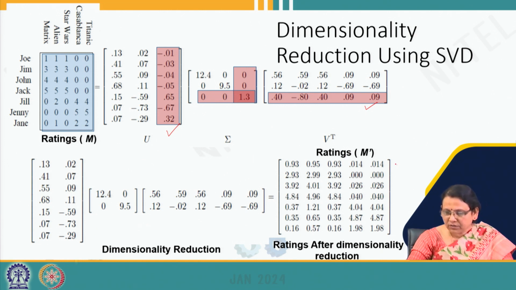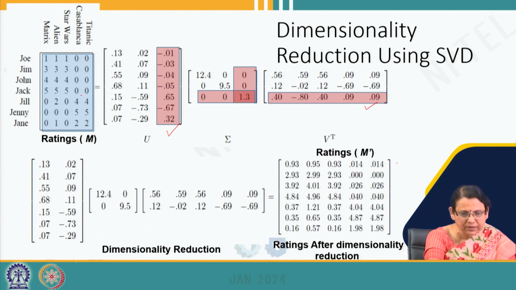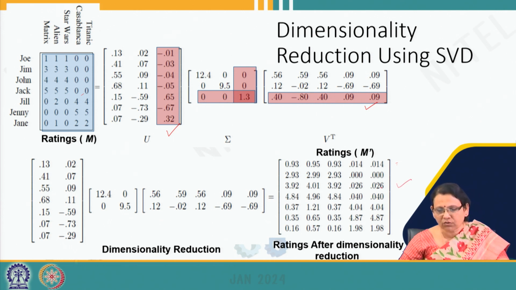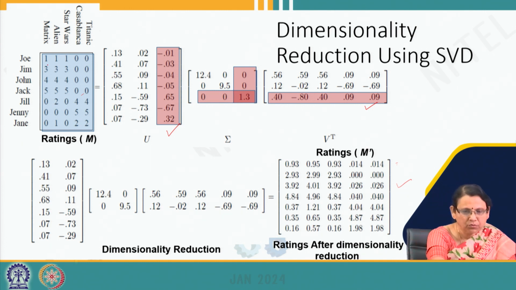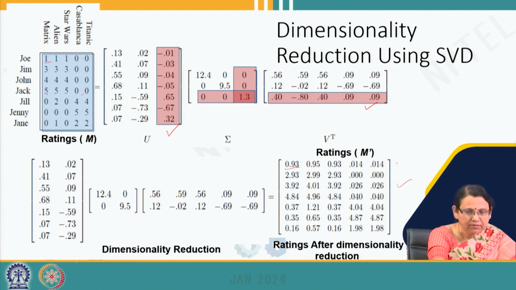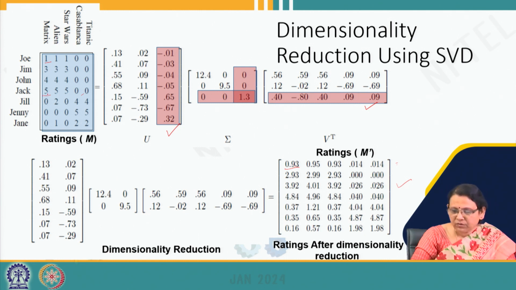We get this matrix which originally had many zeros. Look, here there are so many zeros. Now, most of these zeros are filled up. However, we may note that if we have a value 1, we still get some value closer to 1, and if we have a value, let us say here 5, we get some value closer to 5.